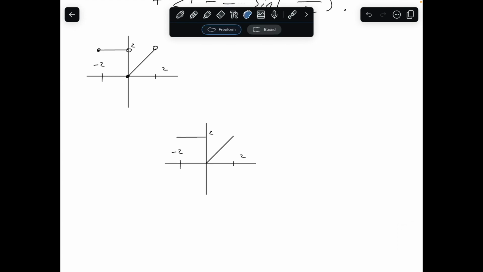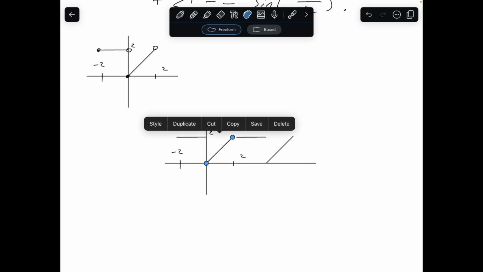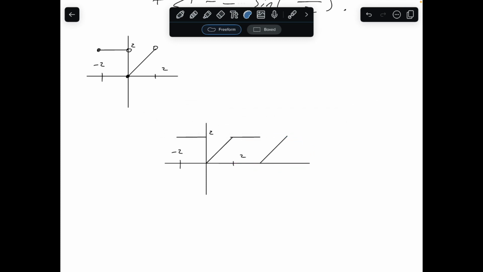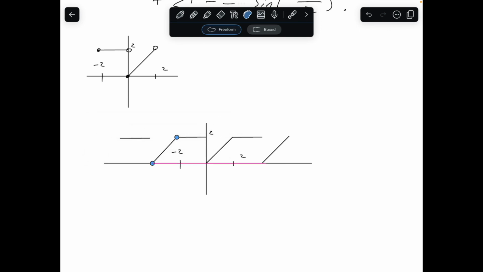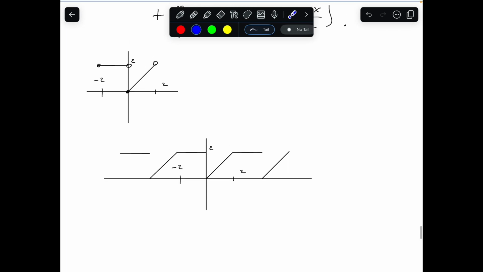But then over here, when we take our periodic extension, yeah, good enough. Okay, cool.